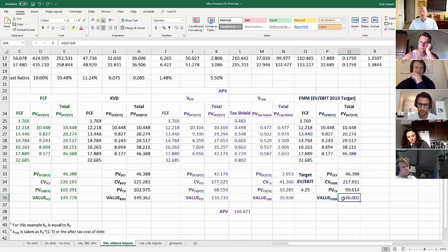Well, I think if you try to artificially cause them to show the same number, maybe by choosing a multiple just out of thin air that brought them into alignment, or a Ku and K tax that just magically brought them into alignment, I think you're doing yourself a disservice.